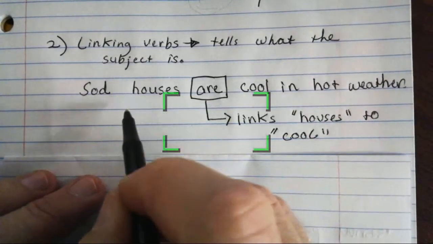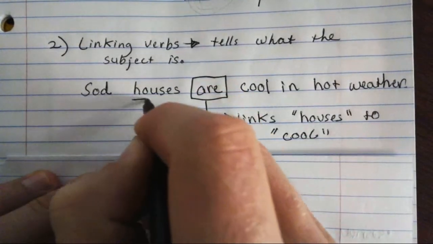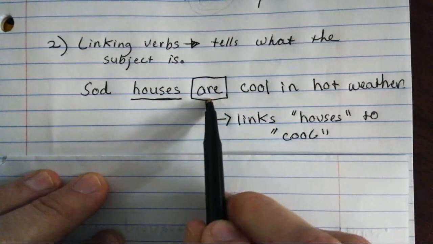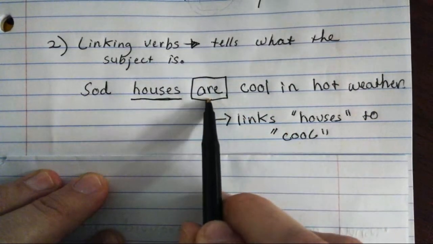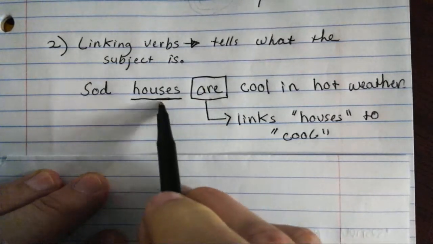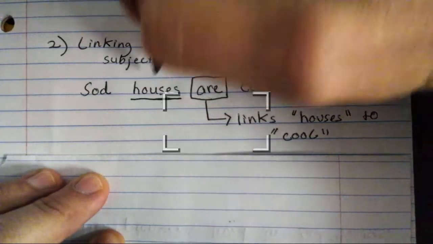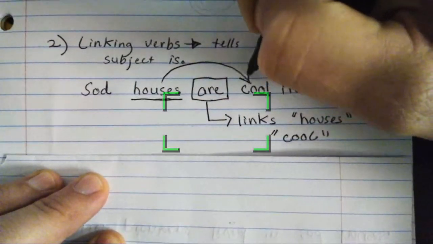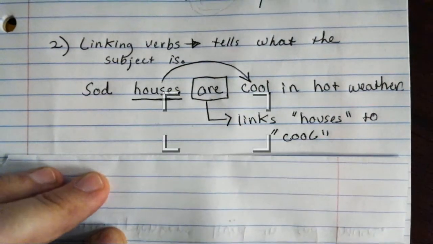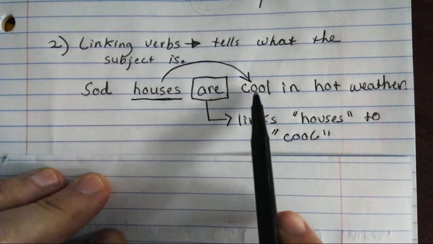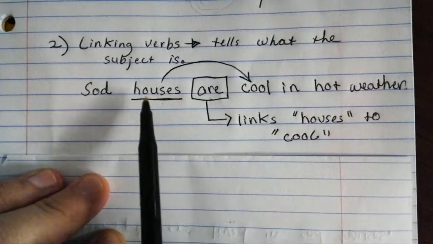So what is my simple subject? Well, my simple subject is houses. But can you see someone are-ing? No, you can't. So what is the verb's purpose here? It's linking my subject to another word in the sentence. That's why it's called a linking verb. It links subjects to other words in the sentence. Here it's linking houses to cool.